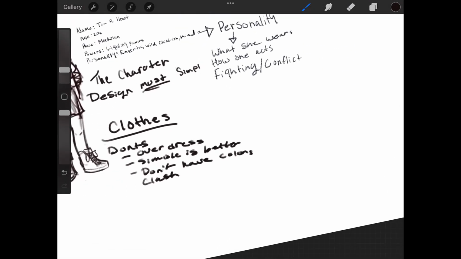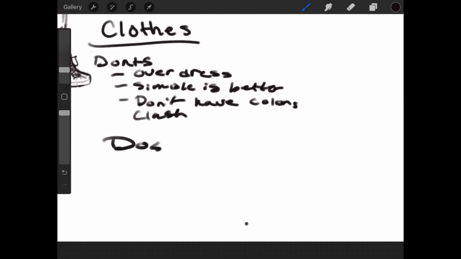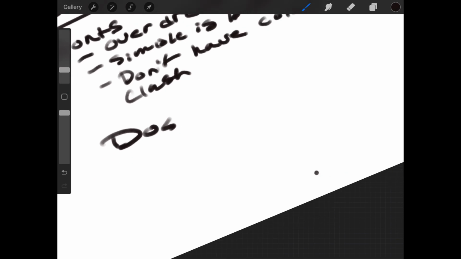I would say do's. Excuse me. I would say a do when designing a character's clothes is not too tight, something very flexible, movable, depending on what the character is.